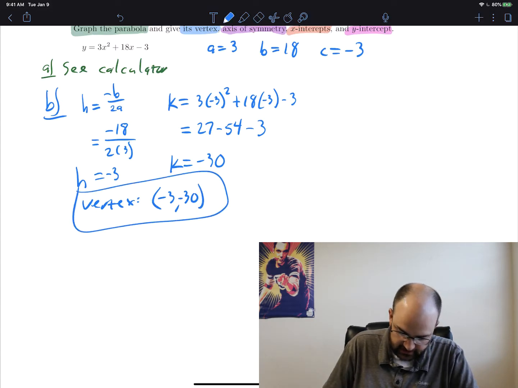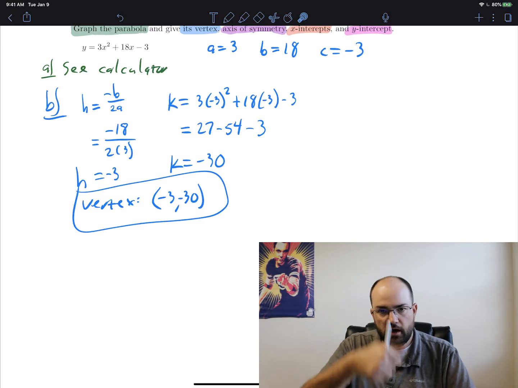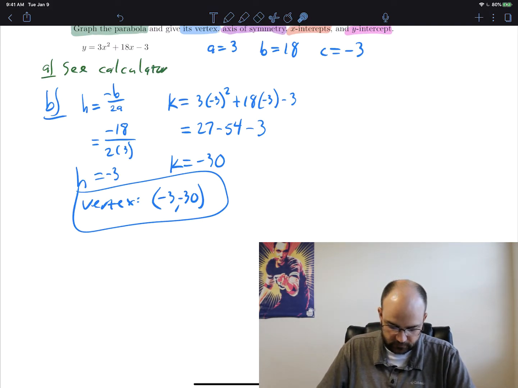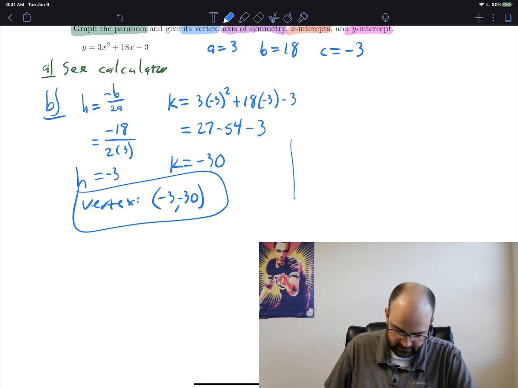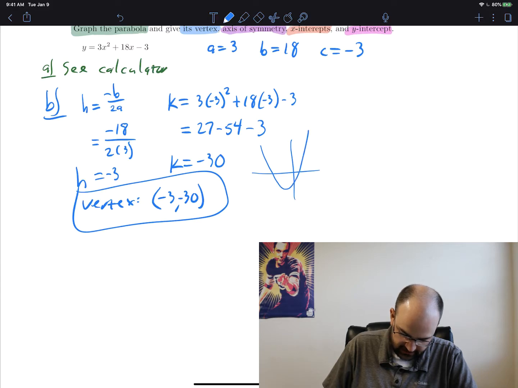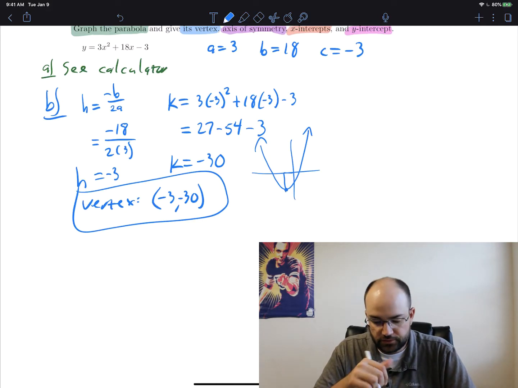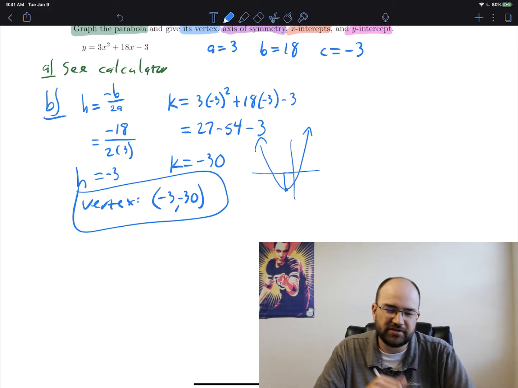And notice that this is, in fact, going up because the leading coefficient is positive. So if we were to graph this, it would look something like this. And it's going up, left 3, down 30, so it's going up. And so it does, in fact, have x-intercepts. So this is kind of one way of seeing if it has an x-intercept or not.